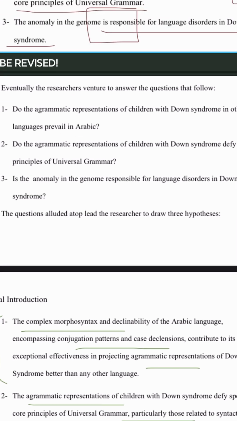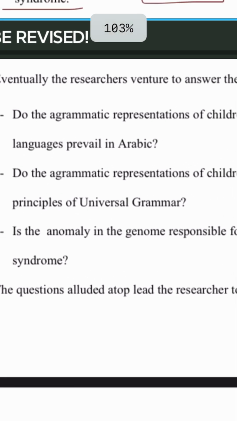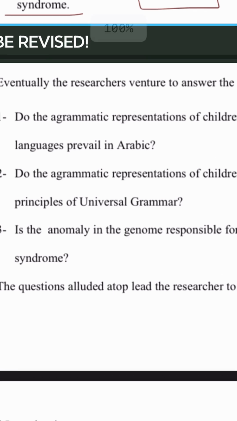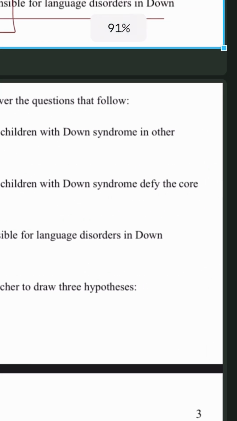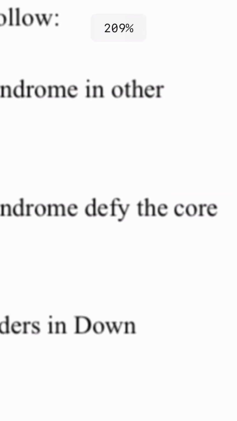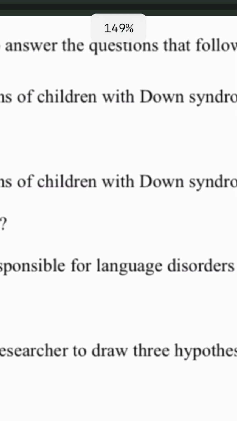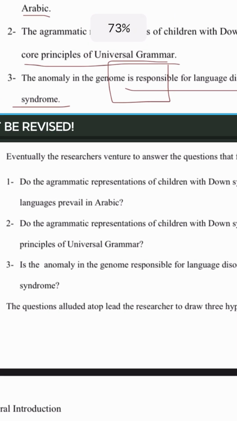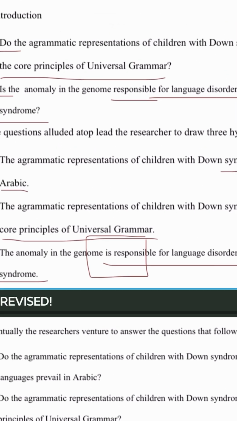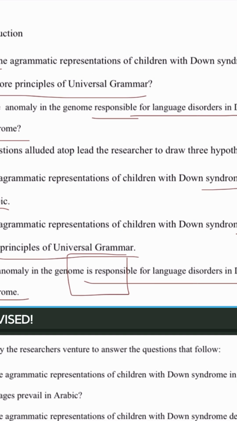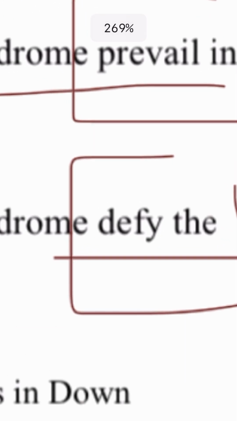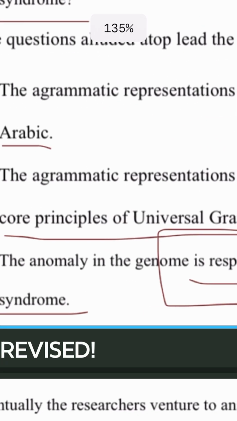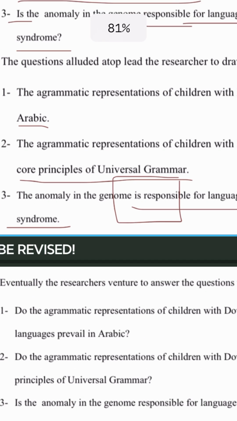So the second question, always question hypothesis, okay? So, do the agrammatic representations of children with DS defy the core principles of universal grammar? In the previous must-be-revised version, we were like, yeah, defy the core principles of universal grammar, and that's it.